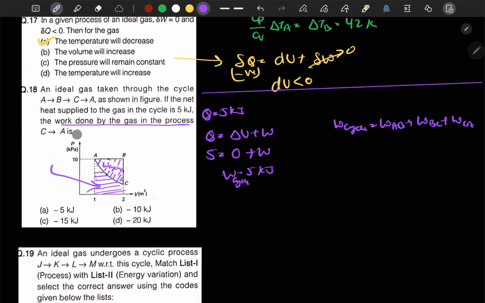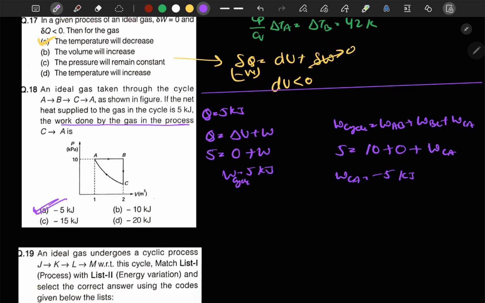So work done in the cycle is 5. In AB, since it is an expansion the work done will be positive and the value will be 10 into 1, that is 10. In BC, since it is a constant volume process, the work done will be 0. In CA we have to calculate the work done, so from this we get work done in CA is equal to minus 5 kilojoule.